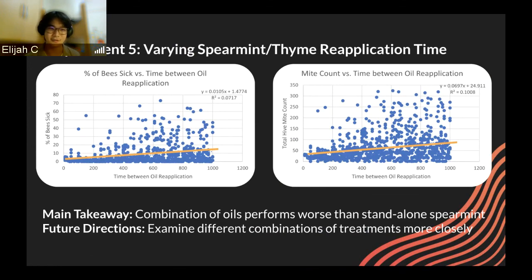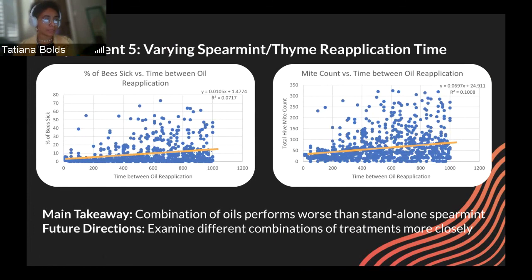Thyme knocks the mite off the adult bee, and spearmint only affects the larvae by reducing the transmission rate of the disease.